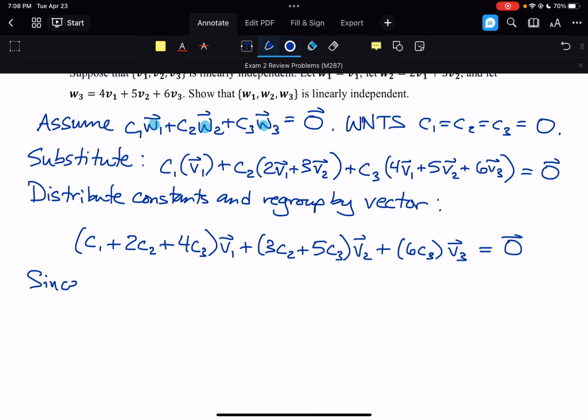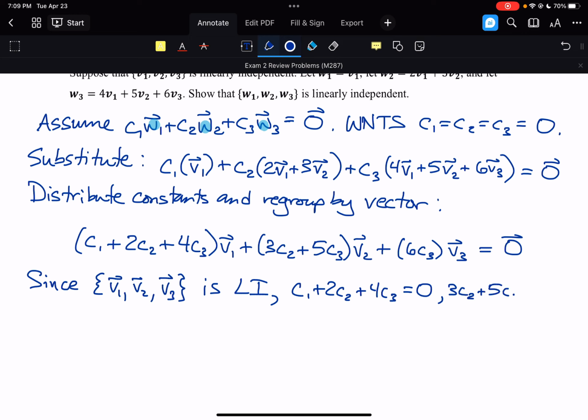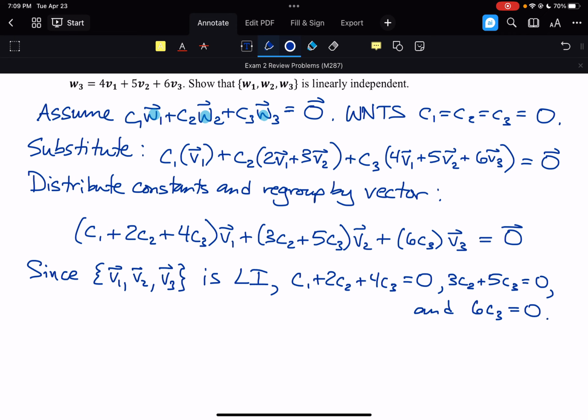So that means c1 plus 2c2 plus 4c3 must be 0. 3c2 plus 5c3 equals 0. And 6c3 equals 0. Each of these coefficients in the linear combination must be 0 because the set of v vectors is LI by definition.